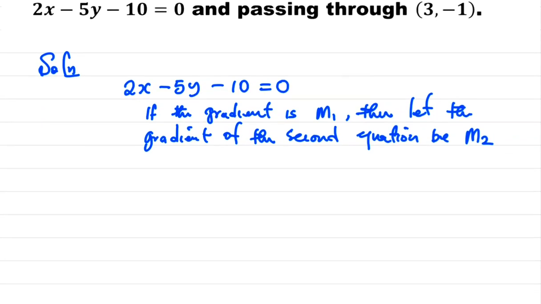Now listen, because they are perpendicular, it therefore means that m1 m2, that is the product of their gradients, must be equal to minus 1. This is a very, very important rule that you must know. Okay, it's key to solving this question.